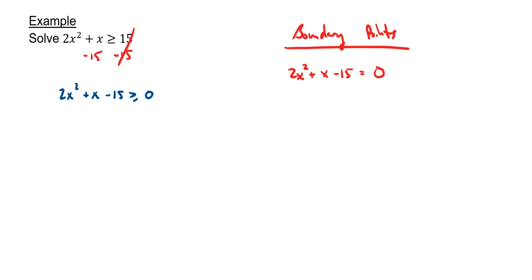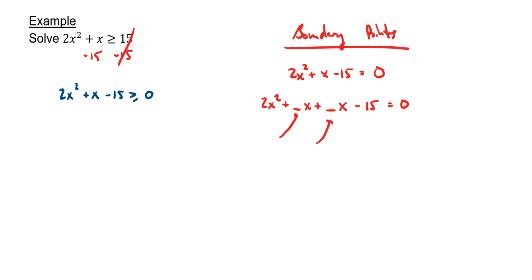But just for a quick reminder of how to factor this, a couple different ways. I do it by grouping. We split this middle x term into two separate terms, and we need to figure out what these coefficients are, and then we need to factor this by grouping.